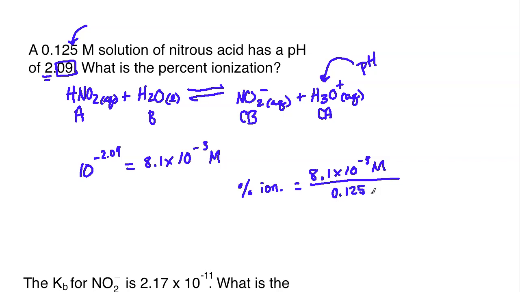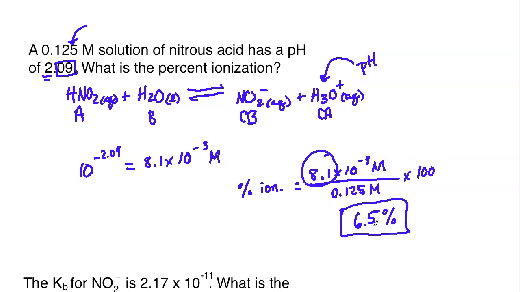We can multiply this by 100 and get our final answer. If you put all of that into your calculator, you should end up with 6.5, and that's where we cut it off for sig figs because only 2 sig figs up here. 6.5%. So the nitrous acid with these conditions would ionize about 6.5% into the product form.